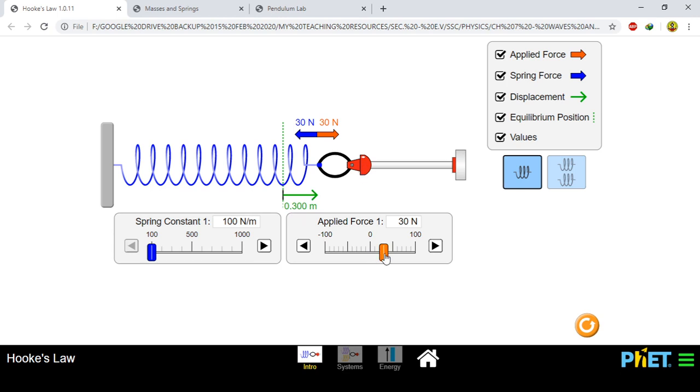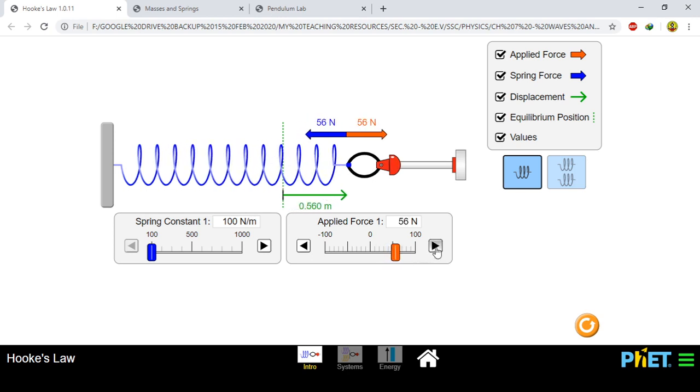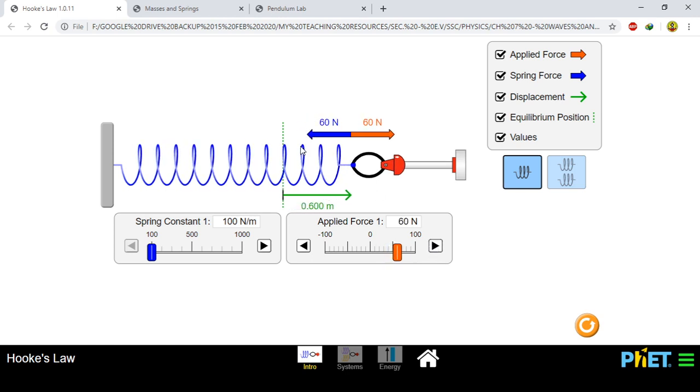Now if we apply 60 newtons of force, we see the amount of restoring force is also 60 newtons and the displacement is 60 centimeters. So here we see the displacement has taken place towards the right direction, but the restoring force of the spring is acting in the left direction.